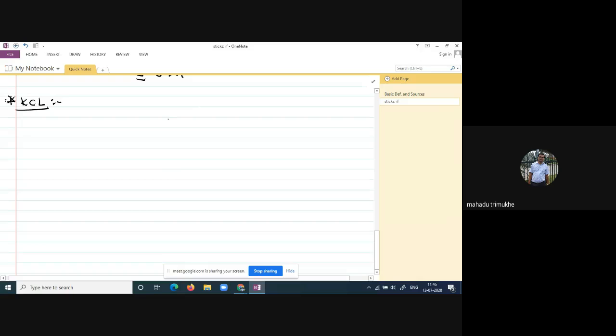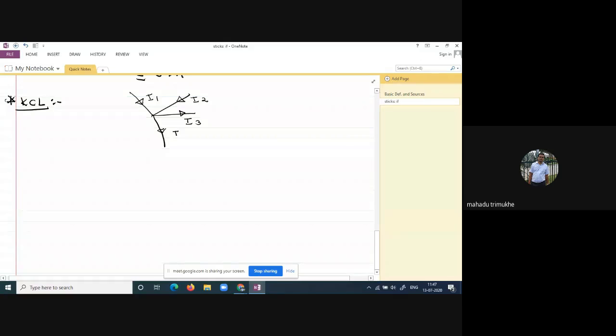Okay, suppose you take the example here. This is your I1, I2, I3, I4, and we have considered the node is N. Here, the currents I1 and I2 are incoming to node N, entering at this node, right?